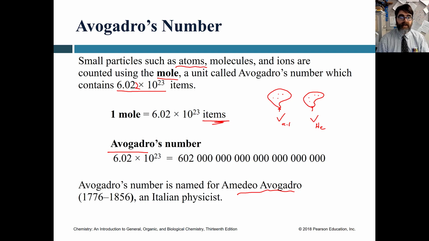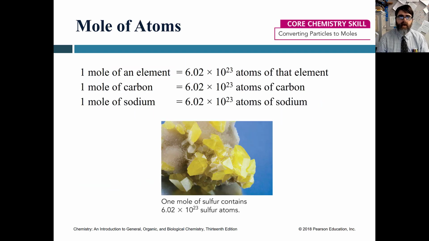And it turns out that that is a reasonable assumption, because the atoms and the molecules that make up those things are so tiny that you really do have an equal number of pieces. And so we can have moles of elements, and whenever we have a mole of an element, it is 6.02 times 10 to the 23 pieces, atoms in this case, of that element.